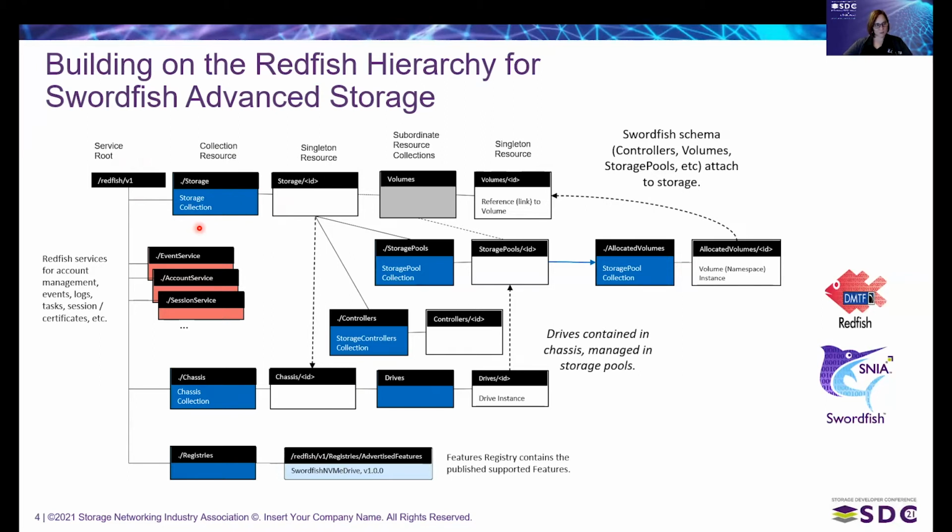This particular example shows the basics and the components within the Swordfish hierarchy as well. So Swordfish will largely start in /redfish/v1/storage. You'll find a storage instance. This equates to basically each instance over here in the singletons. This is a collection, which is an array. Each instance in the singleton resource represents a storage subsystem.